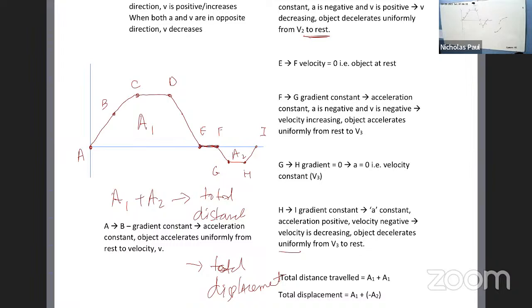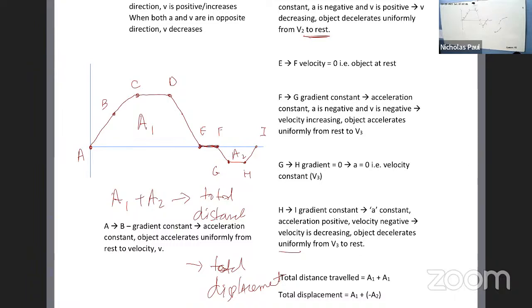What would the total displacement be? Look at the total distance, A1 plus A2, right? Add up the distance covered from A to E, and then the distance from F to I. But what's the total displacement?